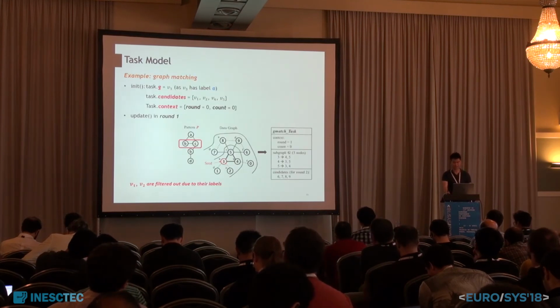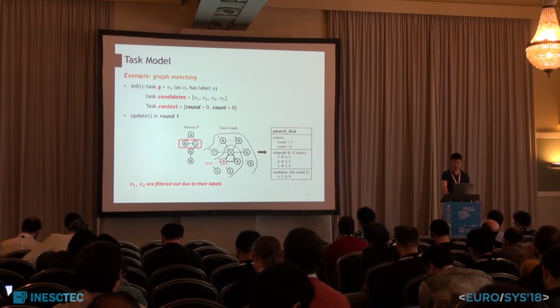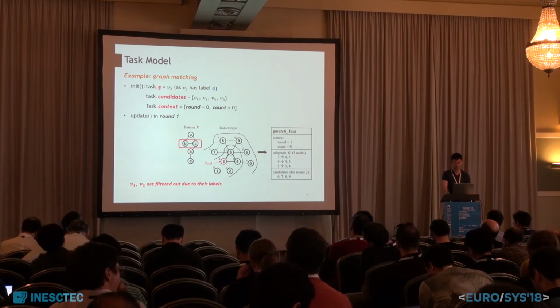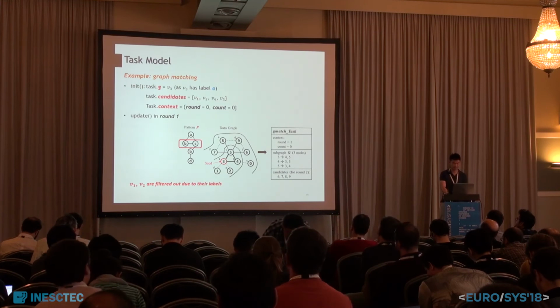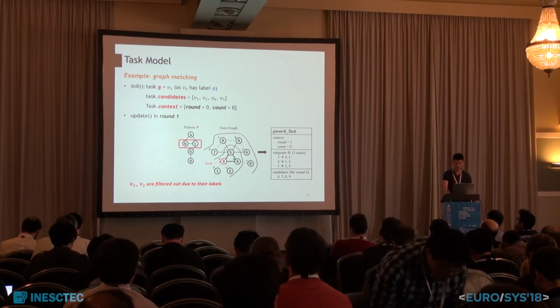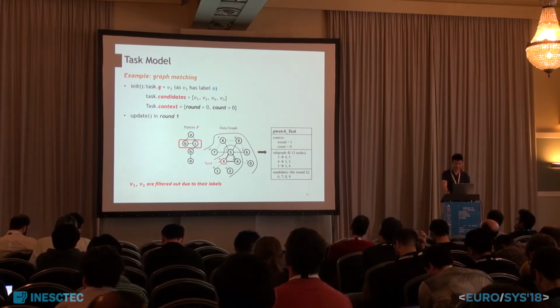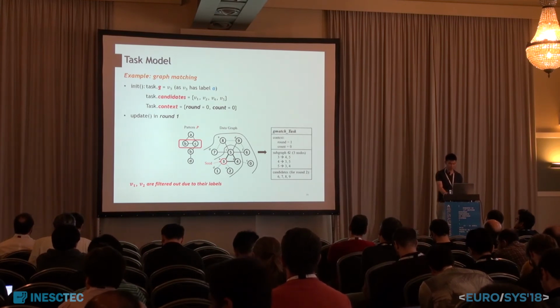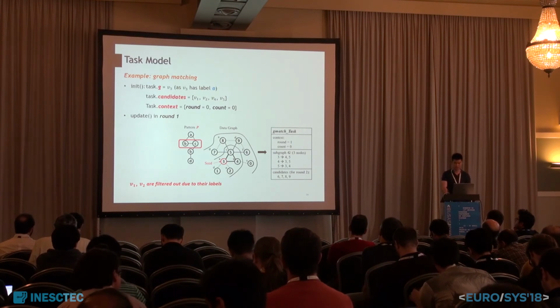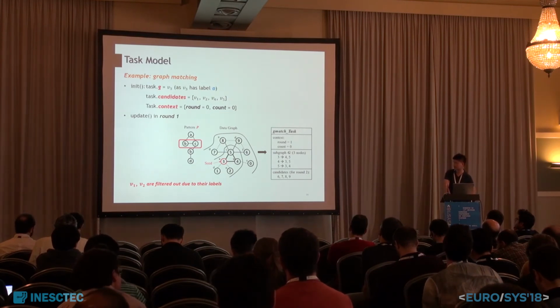For example, for graph matching, in the init, the subgraph in the initial part will be initialized as vertex 3, because only vertex 3 has label A, and the candidates will be set as the one-hop neighbors of vertex 3. And in the first update operation, we will care about vertices with labels B and C in the second level of the pattern graph.